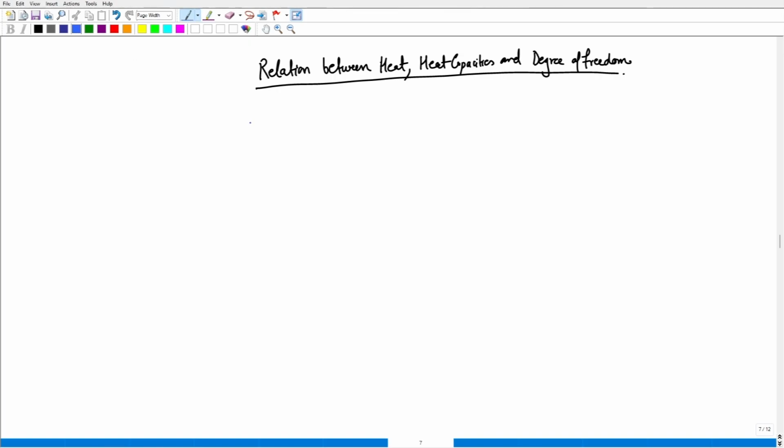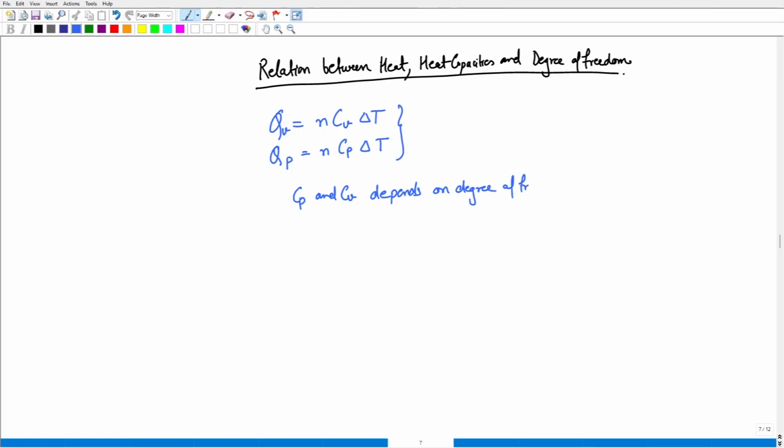As I already told you, let's start with heat. So if I am saying QV, that is n Cv delta T, and QP, that is n Cp delta T. So capital Cp and Cv depend on the degree of freedom.